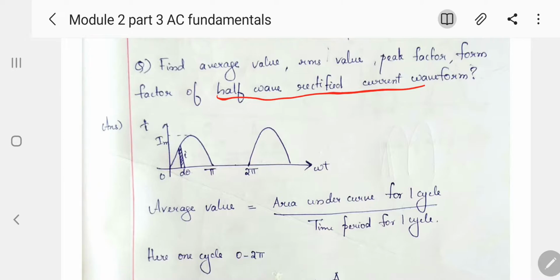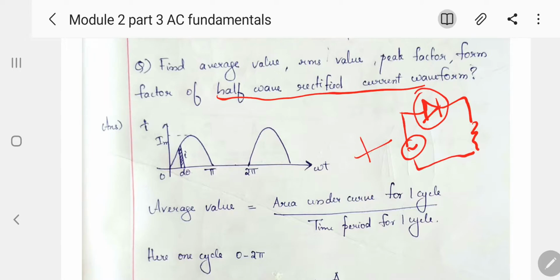So let us start. In the answer, first we are going to draw what a half wave rectified current waveform is. I hope you remember what a half wave rectifier is, which rectifies only the first or positive half cycle of a waveform. The diode becomes forward biased only when the positive half cycle of the sinusoidal waveform enters, and this waveform is passed through the diode.